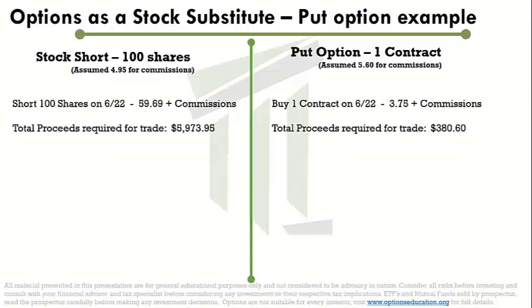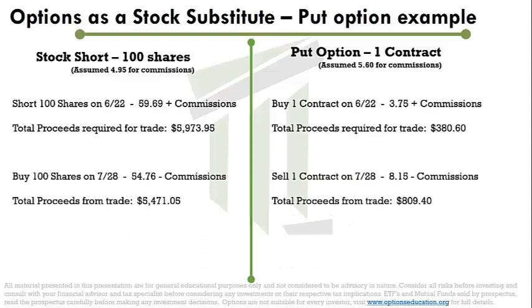So when shorting the stock, we short 100 shares at $59.69. So the total proceeds required are $5,973.95. Instead, we could buy one contract. Now that's going to cost us $3.75 a share plus commissions for a total of $380.